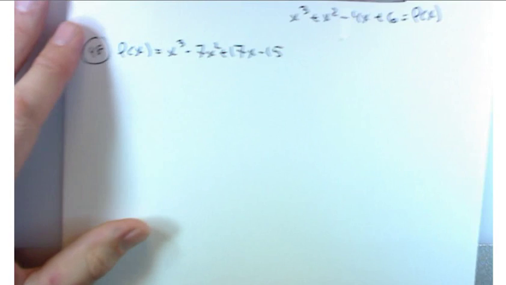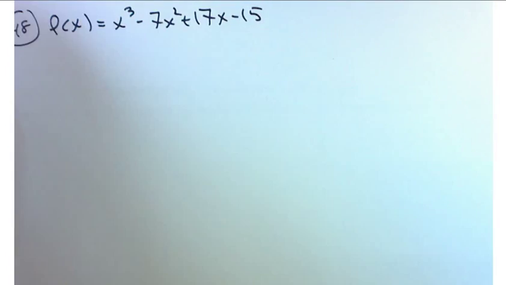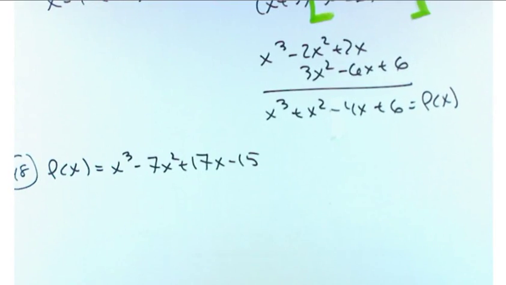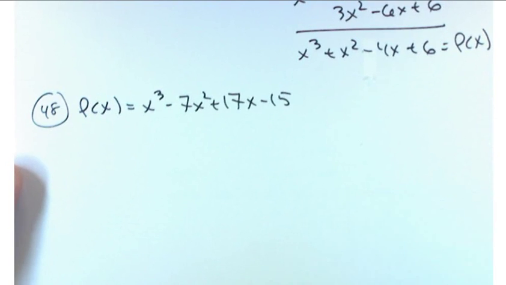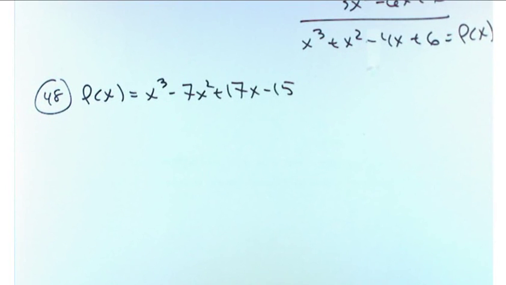Sorry about that. There we go. Okay. So what do the instructions say? It says find all the zeros of the polynomial. Wow, it's a big task. Where should we start?